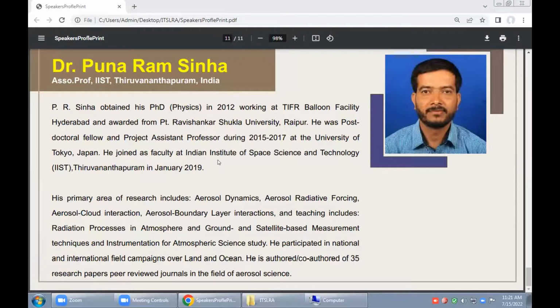His primary areas of research include aerosol dynamics, aerosol radiative forcing, aerosol cloud interaction, aerosol boundary layer interactions, and technical teaching includes radiation processes in the atmosphere and ground and satellite-based measurement techniques and instrumentation for atmospheric science study. He participated in national and international field campaigns over land and ocean. He has authored and co-authored 35 research papers in peer-reviewed journals in the field of aerosol science.